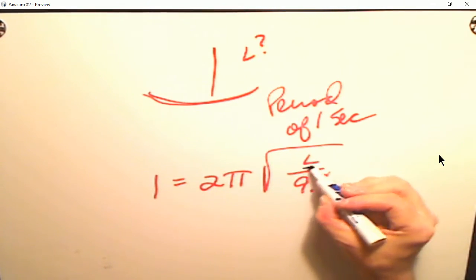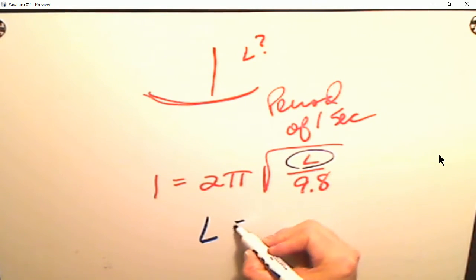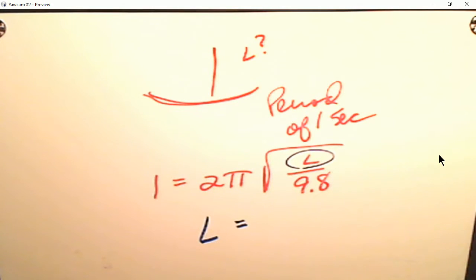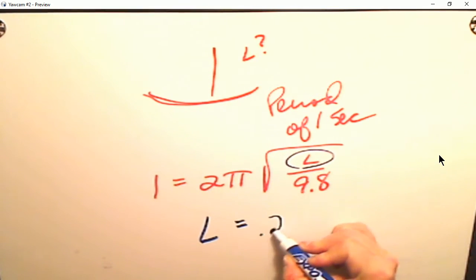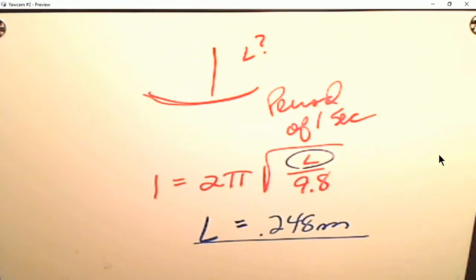Solving for the only variable we have left, length. Give yourself a second. You should be able to solve that, right? Length is 0.248 meters. Okay.